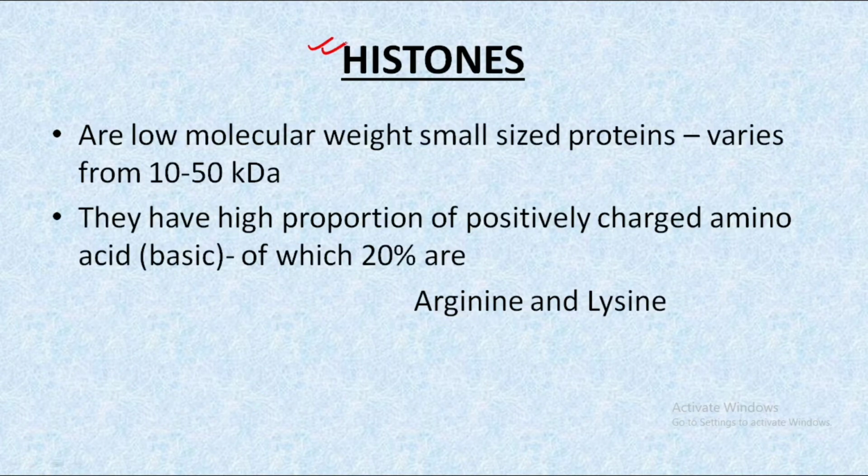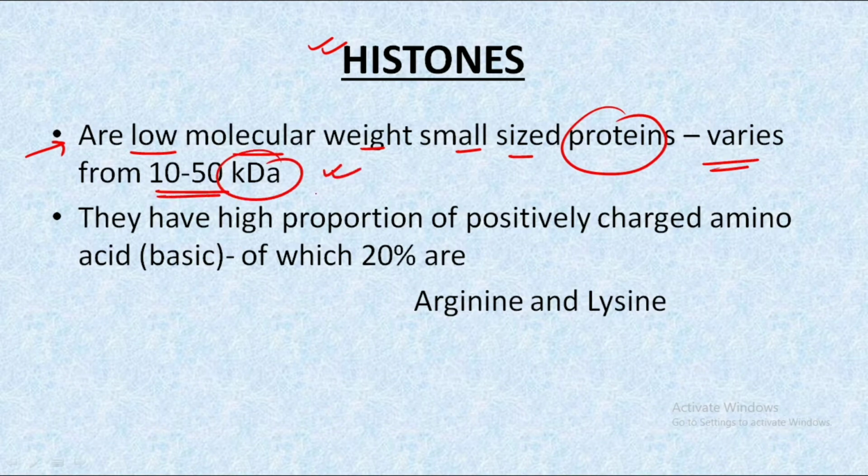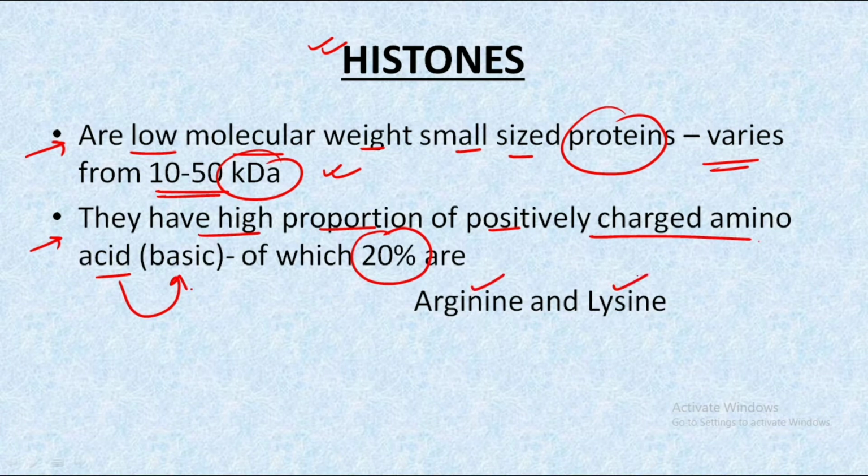Talking about the histones first, they are low molecular weight, small sized proteins that vary from 10 to 50 kilodalton in size, and they have a very high proportion of positively charged amino acids which are basic in nature, making up about 20% of these histones. The basic amino acids present in the histones are arginine and lysine. Make sure you remember the amino acids because questions have been framed previously from this area.